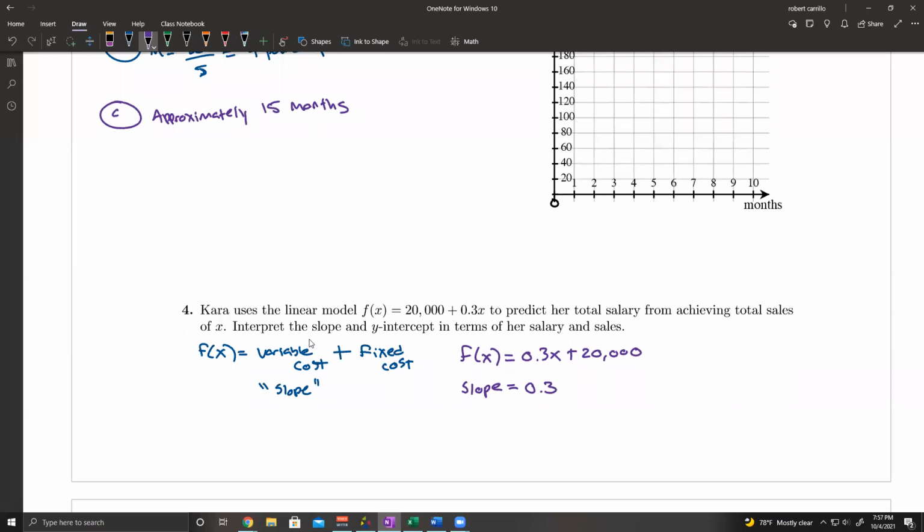So that's good that it's positive, because if Kara is predicting her total paycheck, for every sale that she makes, her paycheck should be increasing or decreasing? Increasing. Good. So this is a positive slope, which means that every time she makes a sale of x, her paycheck, her salary, will increase.